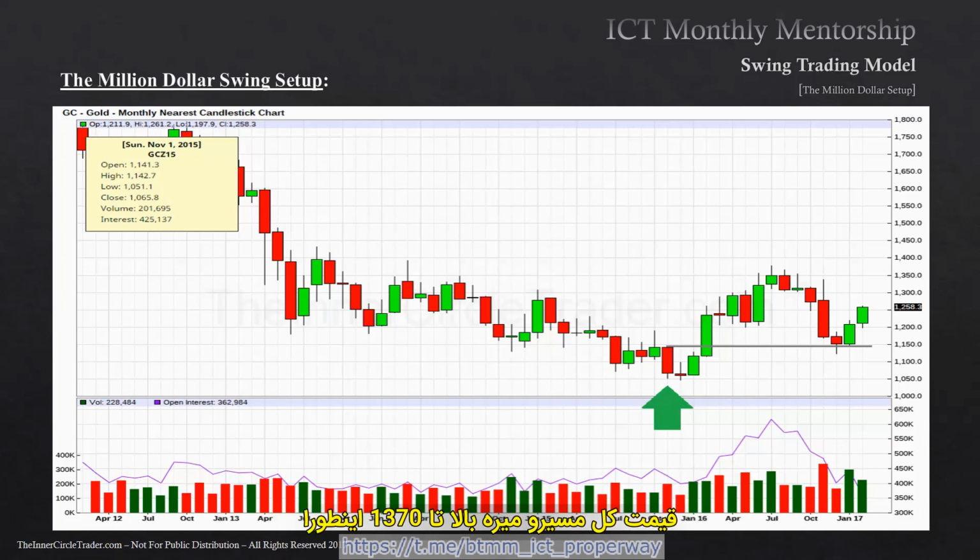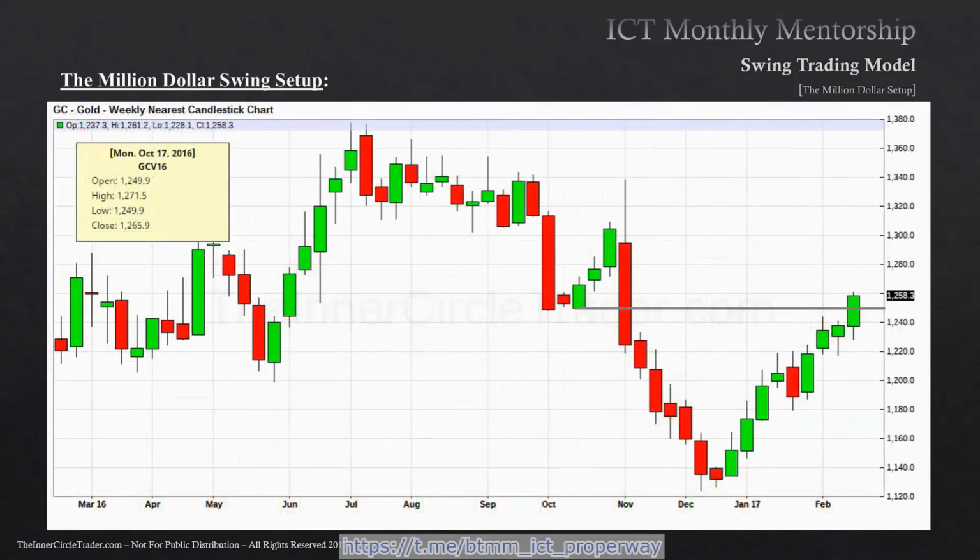Price trades all the way up into 1370 or so. And we refined our objective. Should we get long, we were going to look for that 1250 level, noted off of the weekly October 17, 2016 candle.